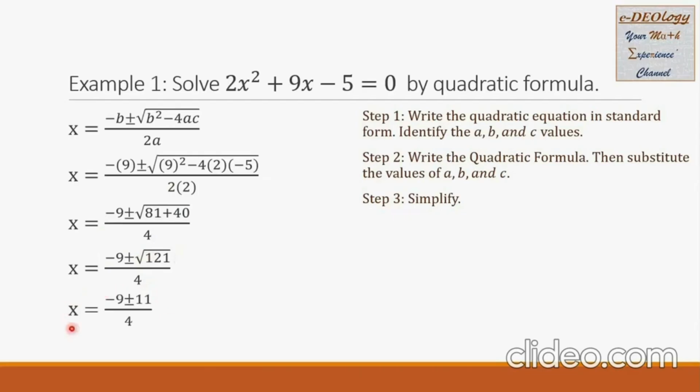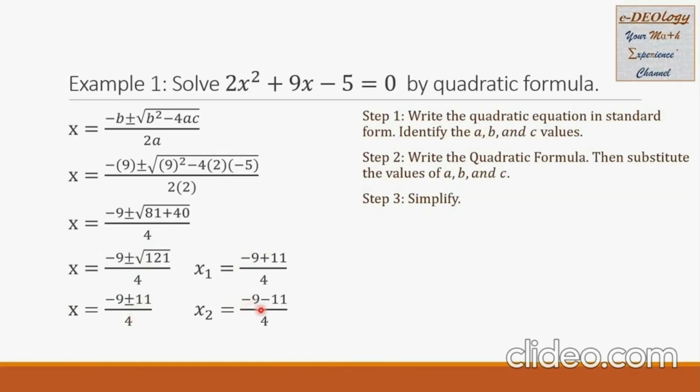Now at this point, we're going to split the plus and minus. There will be two values for the x. The x sub 1 is equal to, we will use first the plus sign. So negative 9 plus 11 all over 4. For the x sub 2, the negative sign will be used.